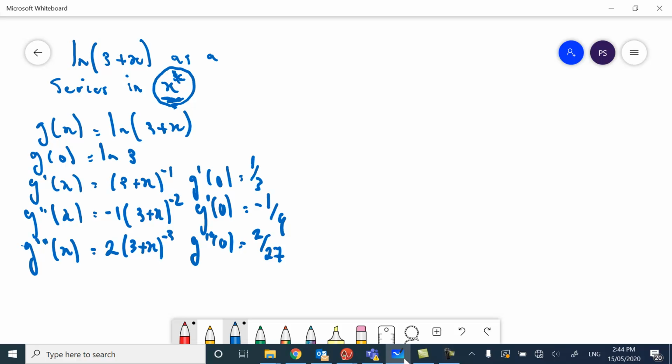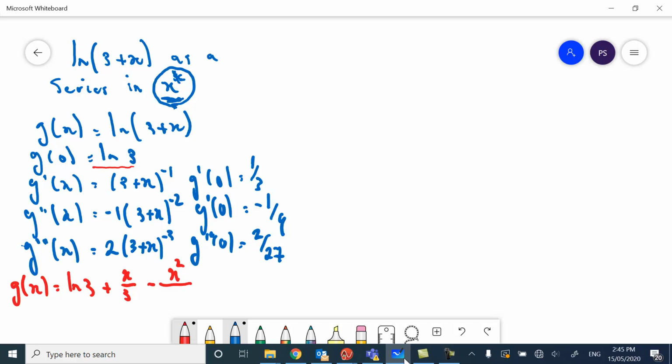So g of x, which is my Maclaurin series, will be equal to, there's my g of 0 there, ln 3. And here's my first term, so that will be plus x divided by 3. Second one, minus x squared divided by 9, and then I've also got to divide that by 2 factorial.